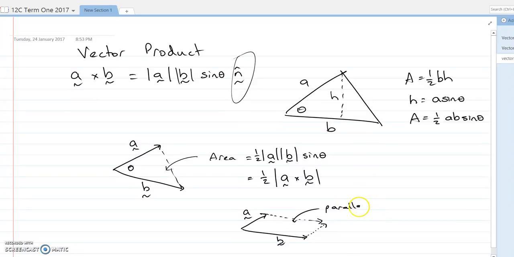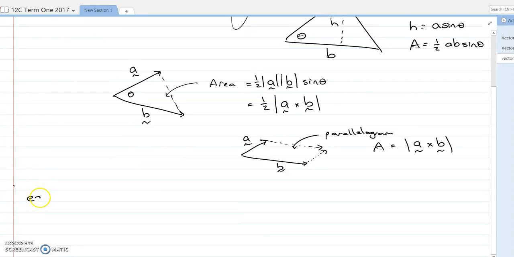And of course the area of that parallelogram is just, without the half, just the magnitude of the cross product of A and B. That's it.